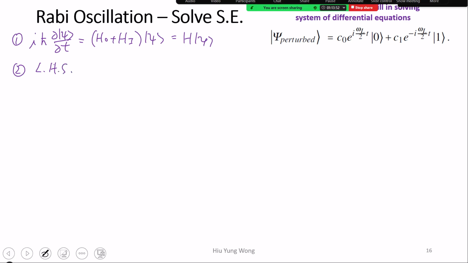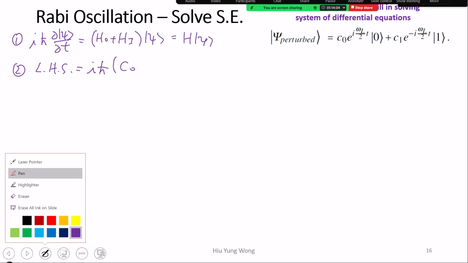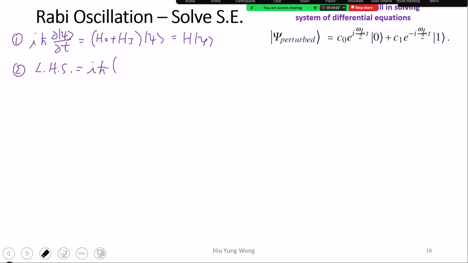Let's look at the left-hand side. The left-hand side is what? i ħ, and then ψ. What is ψ? C0. So actually, I need to skip steps. What I'm doing here is taking the time derivative of ψ, right? It means I need to do the time derivative of this guy. That's very long, but we can do it.